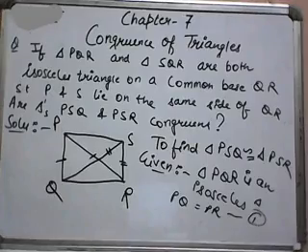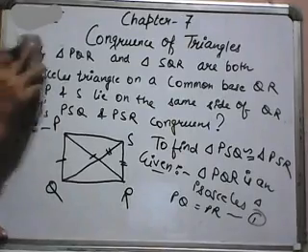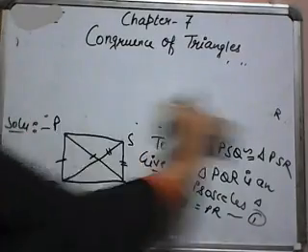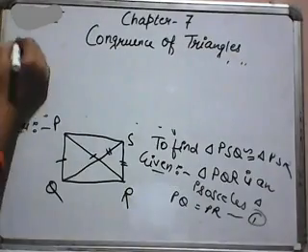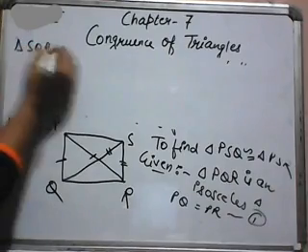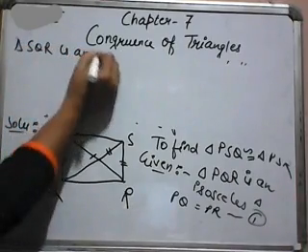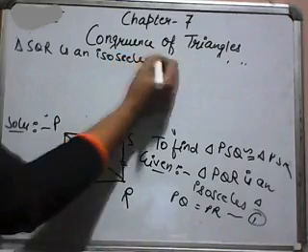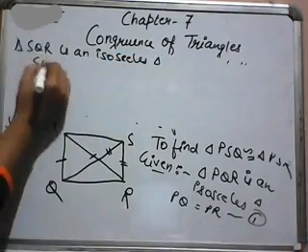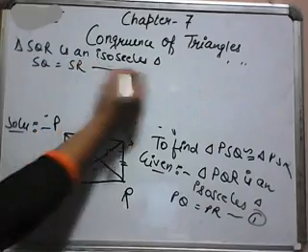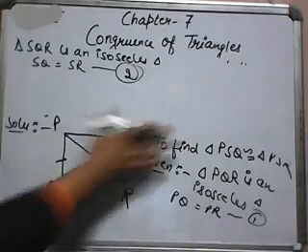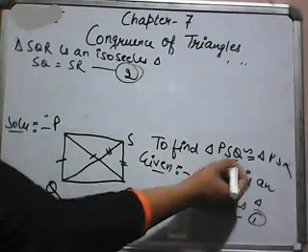The next part is also given to you: triangle SQR is an isosceles triangle. It means SQ is equal to SR. Let's take this as the second equation. You have to check whether triangle PSQ is congruent to PSR.